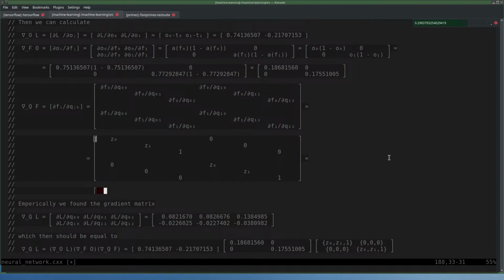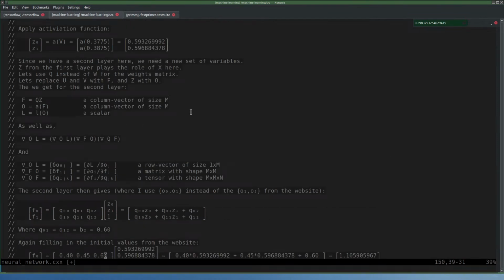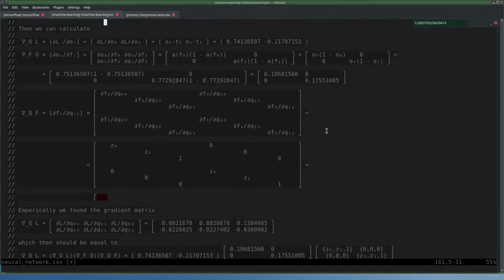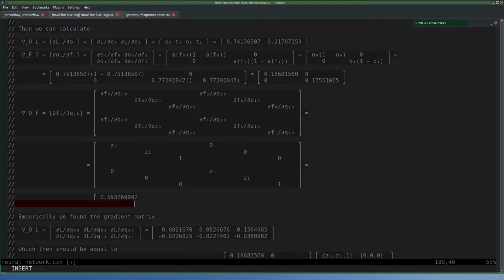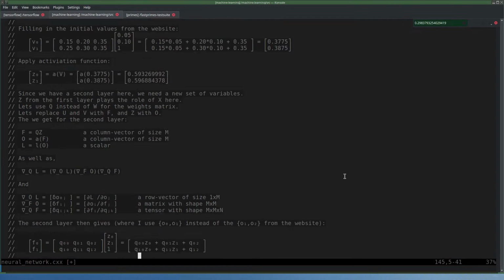What is Z0? Well, I have that here, I think. Z was Z0. Is this, yeah? Yeah, I think so. And then Z1 is the one below that. Z1, Z1, Z1.